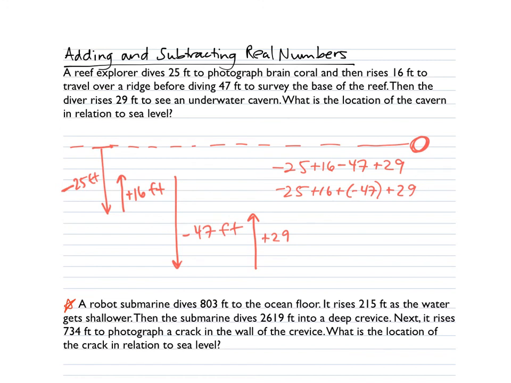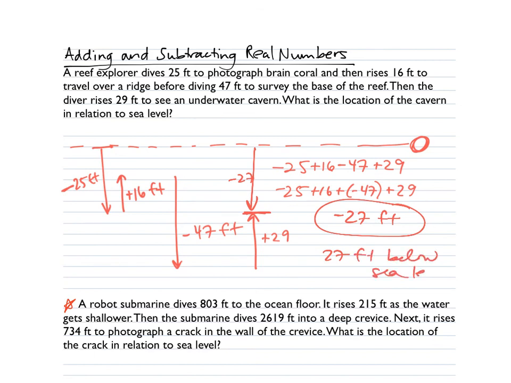So just do that in your calculator. Negative 25 plus 16 minus 47 plus 29. And you get negative 27 feet. So you're 27 feet below sea level would be the actual answer.